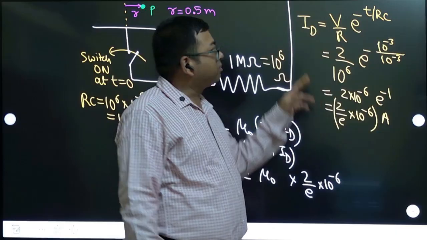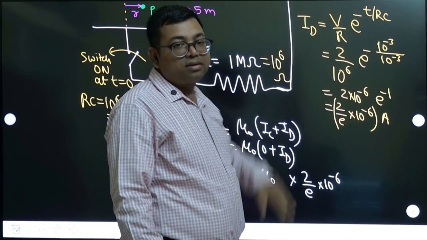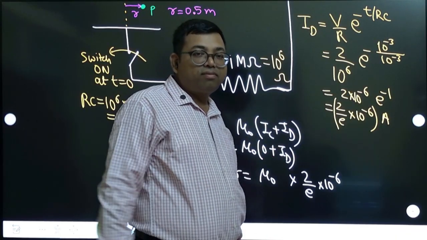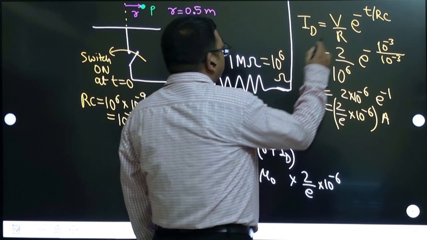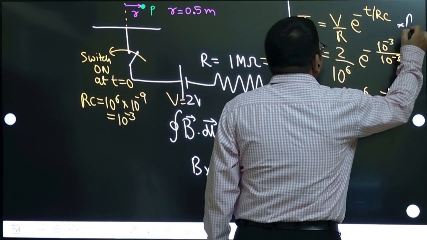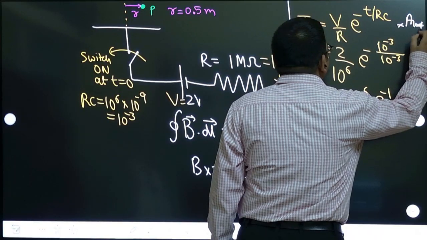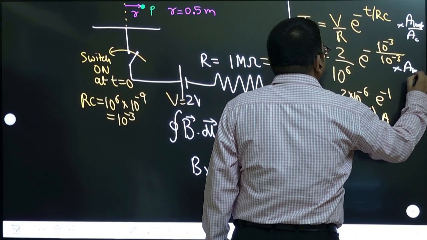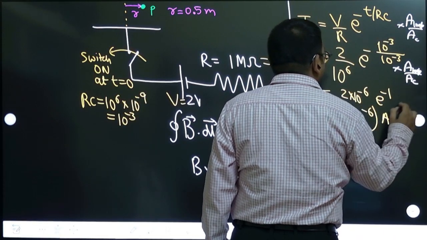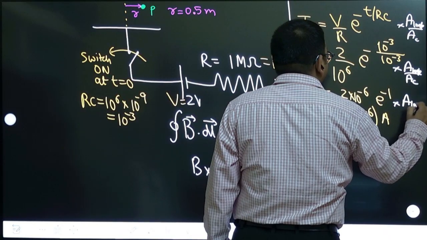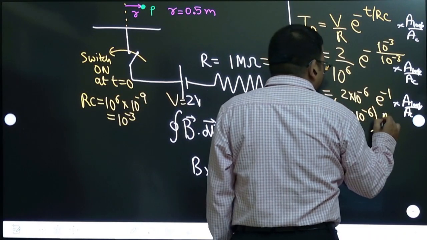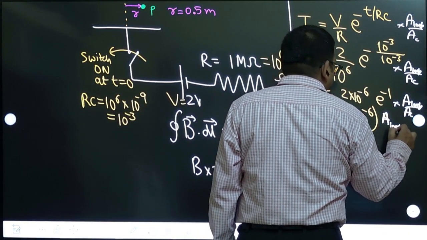Because we are calculating the flux, there was a factor of area of the loop by area of the capacitor. Yes, so here we have to take the area of the loop by the area of the capacitor.